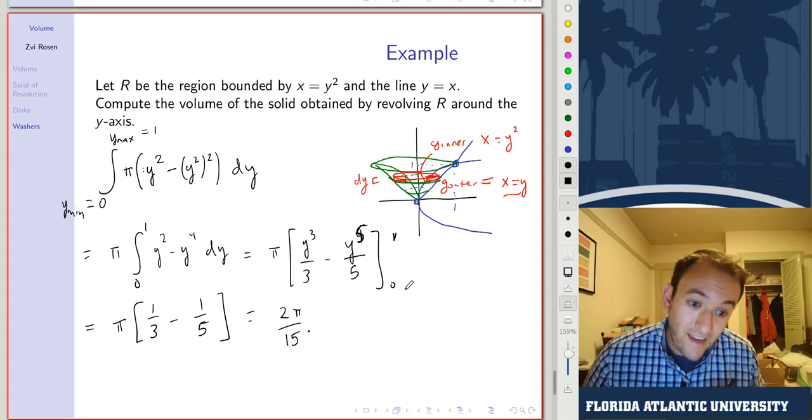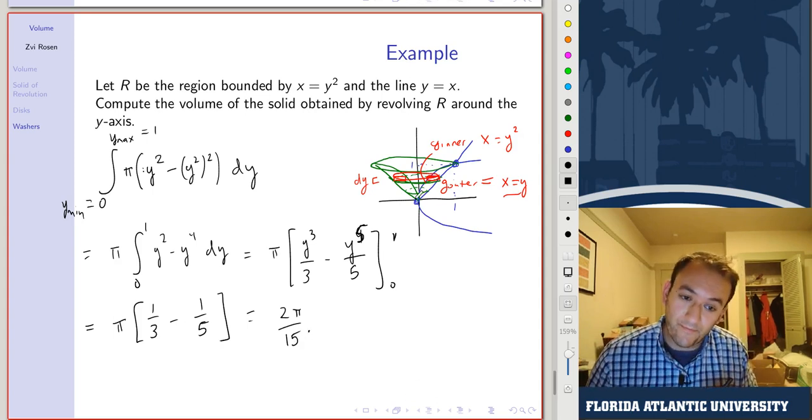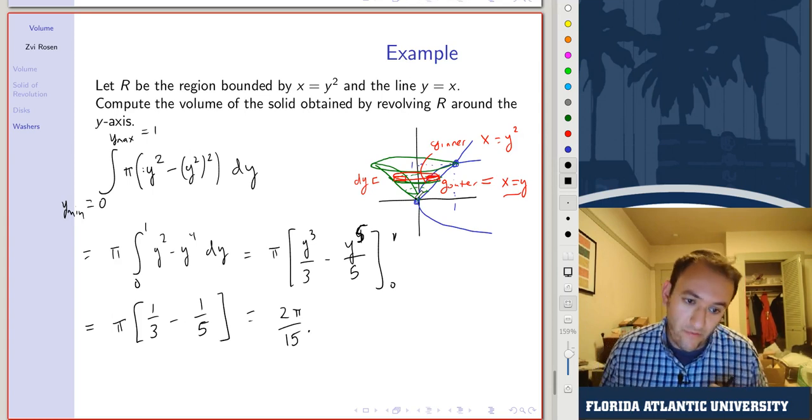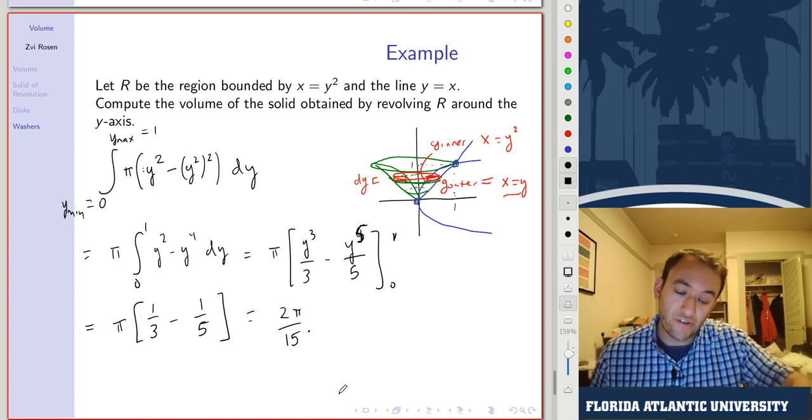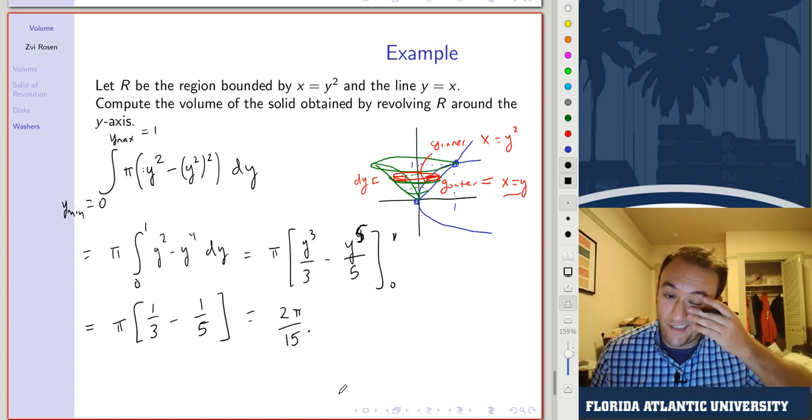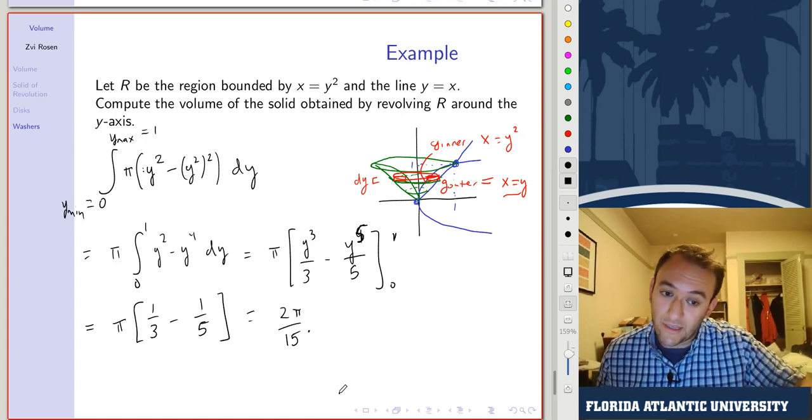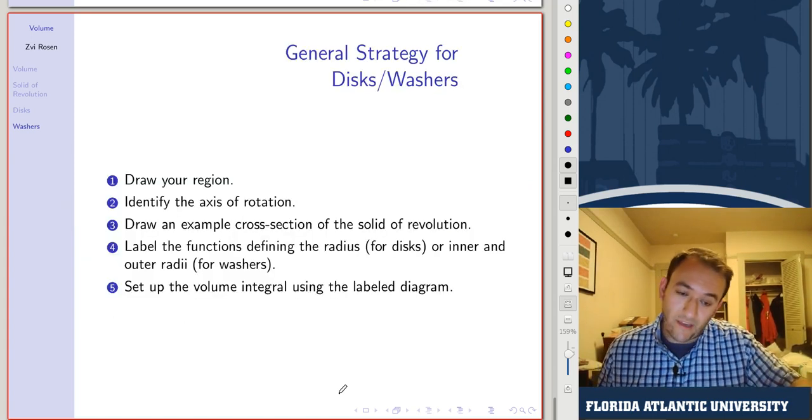Okay, and that is the volume of this ice cream cone. And we just got that from applying the method of washers, thinking about what each of these cross-sectional washers looks like.